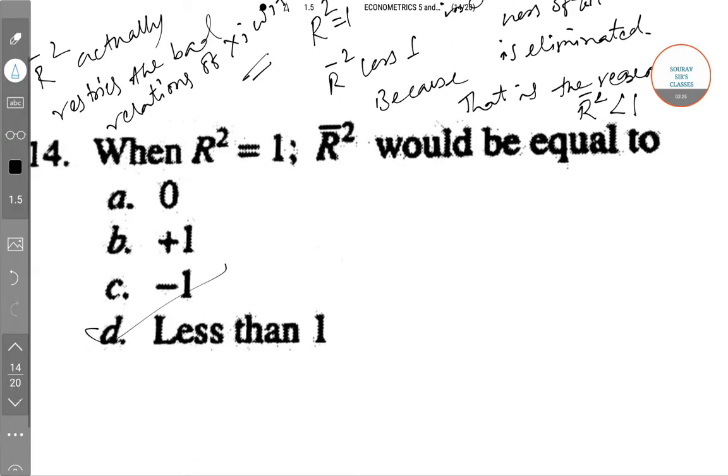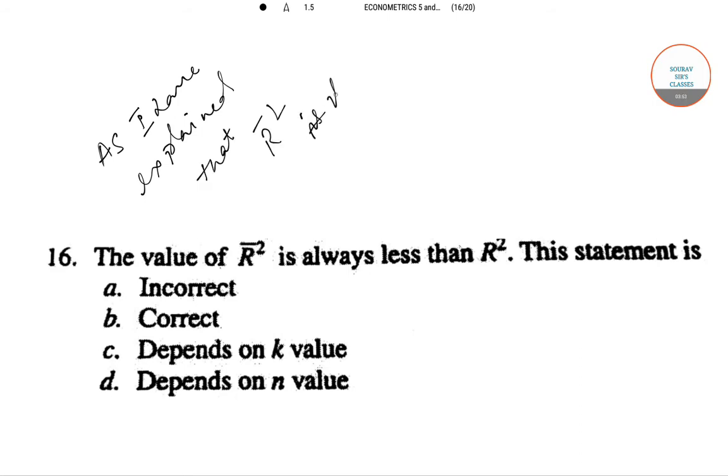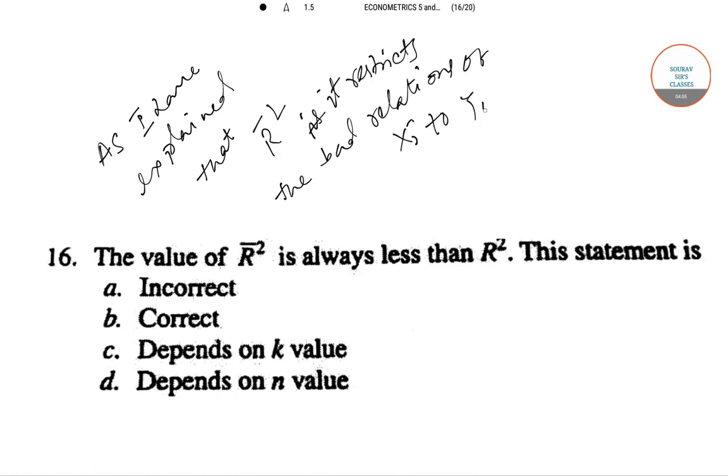Moving to the next question, which is question number 15. R bar square can take a value of what? 0 to 1, between -1 and 1, -1 to 0, or less than 1. With reference to the previous question, the value of R bar square is always less than 1, as I have already explained, because R bar square restricts the bad relations of xi with y.